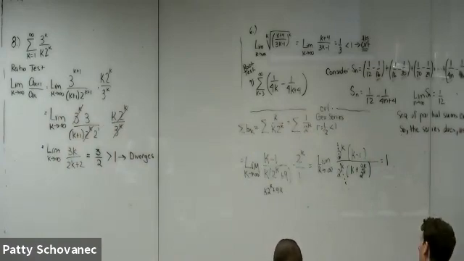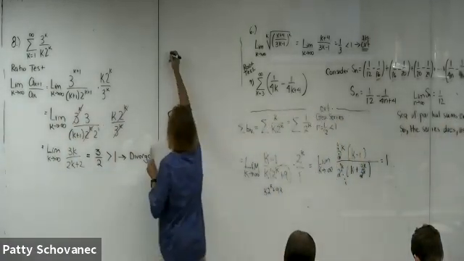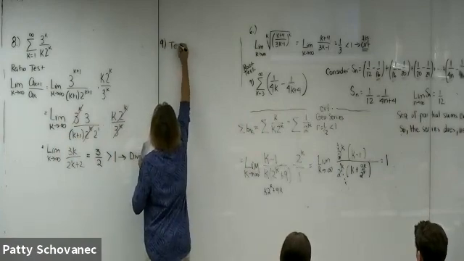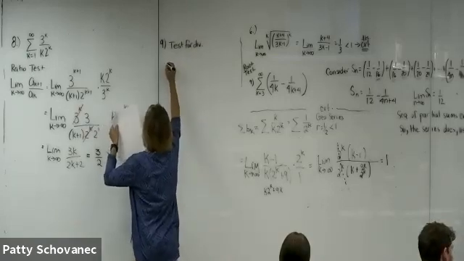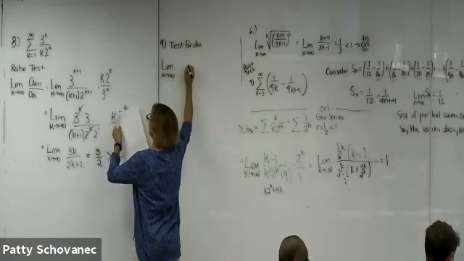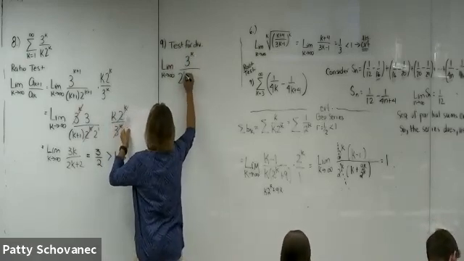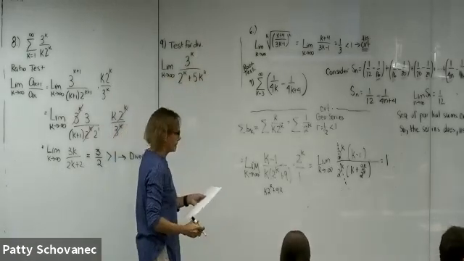What about number 9? You could also do test for divergence here. I think we'll do the test for divergence in number 9. Take the general term and run the limit on it. I call it a divergence.